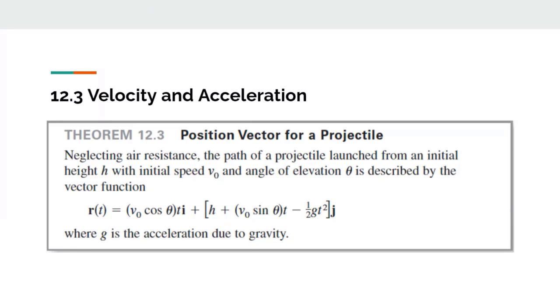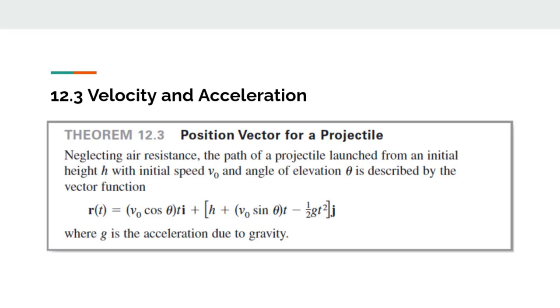So really, these formulas can be found just by integrating acceleration. We have y double prime equals negative g. That's the acceleration.